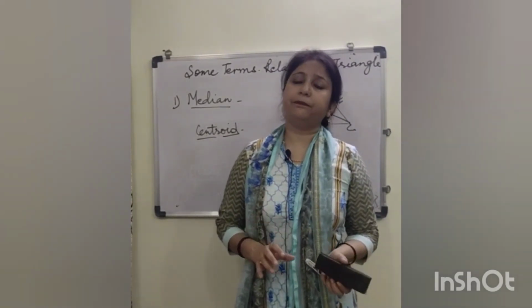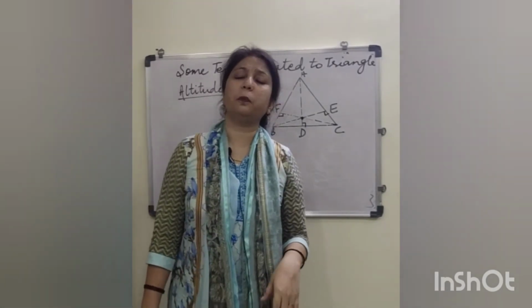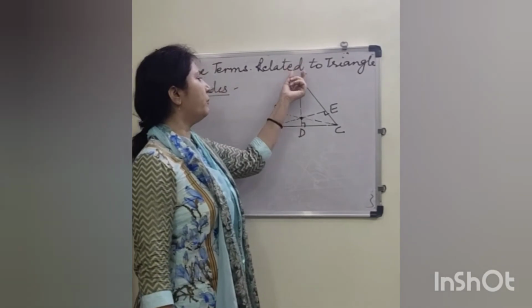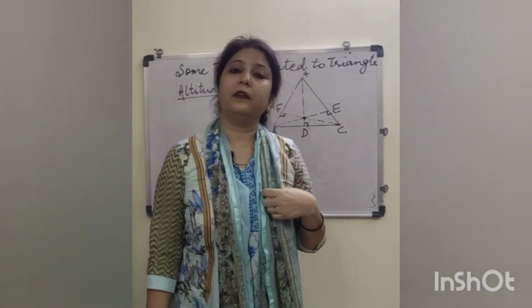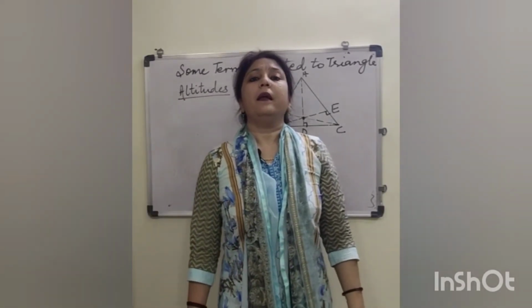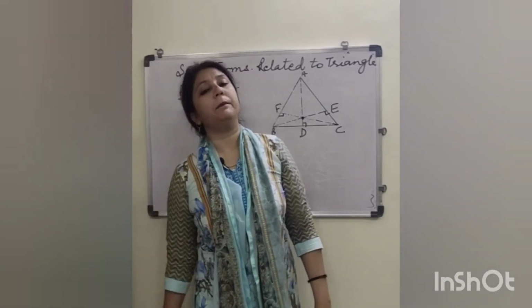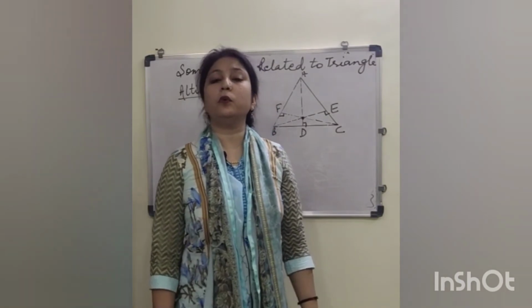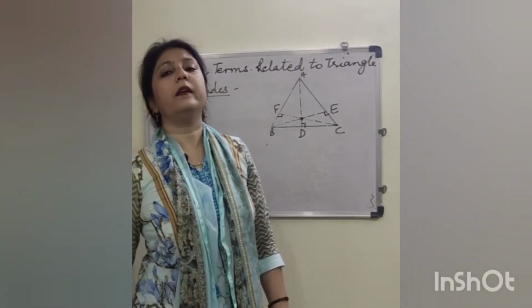Am I clear? The next term is altitudes. Altitude corresponding to the side is the perpendicular drawn from the opposite vertex to the side. It is not necessary that an altitude must meet the corresponding base at its midpoint.